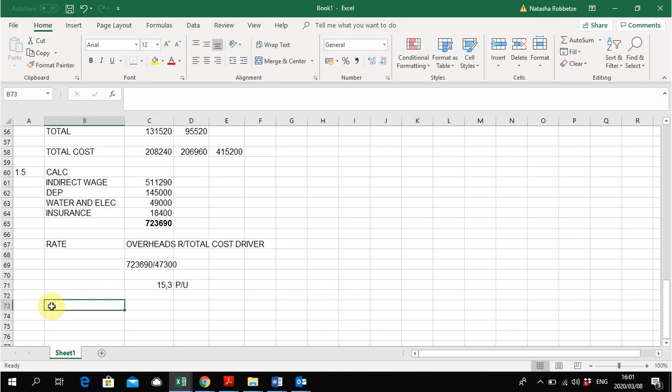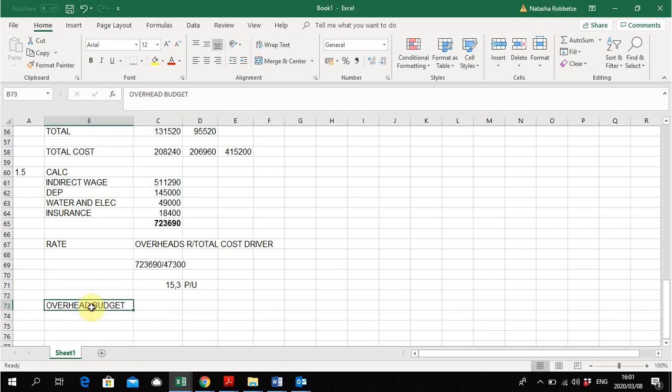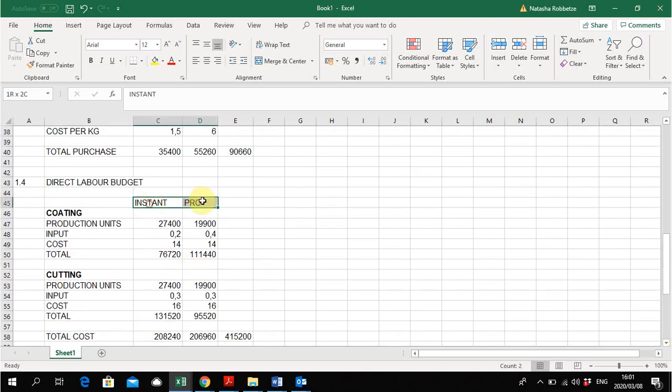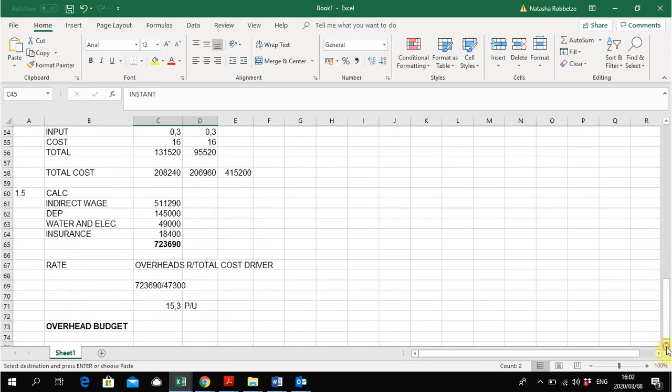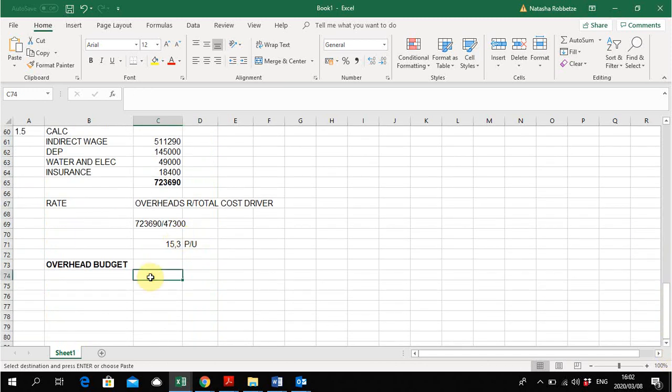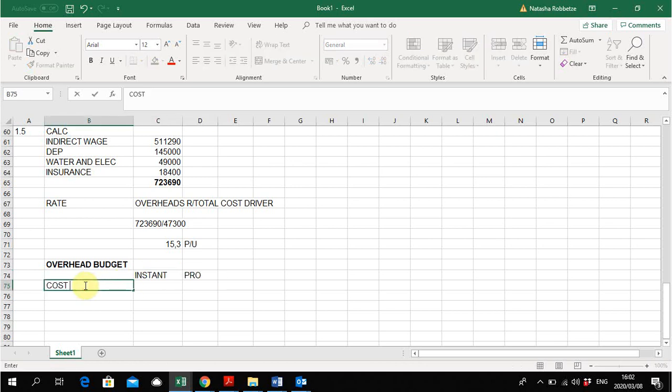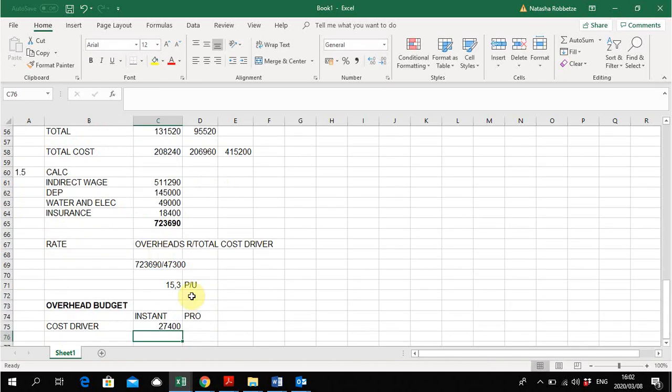Right, in constructing the overhead budget, I am still working with two products, Instant and Pro Image. The cost driver here is the production units. So again, I'm just going to put the total in, and 19,900 for Pro.